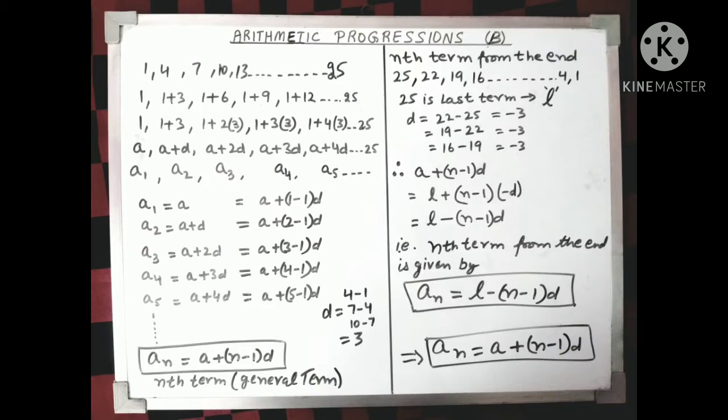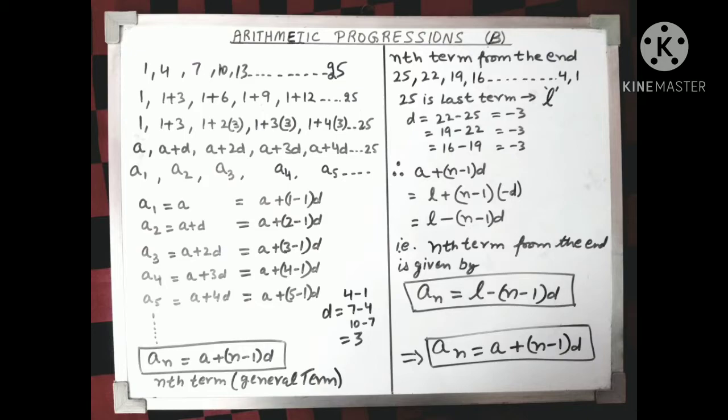So the nth term from the end is given by the formula an is equal to L minus n minus 1 d, and the nth term from the beginning is given by the formula an is equal to a plus n minus 1 d. Just note that nth term means an. This an actually represents the nth term.